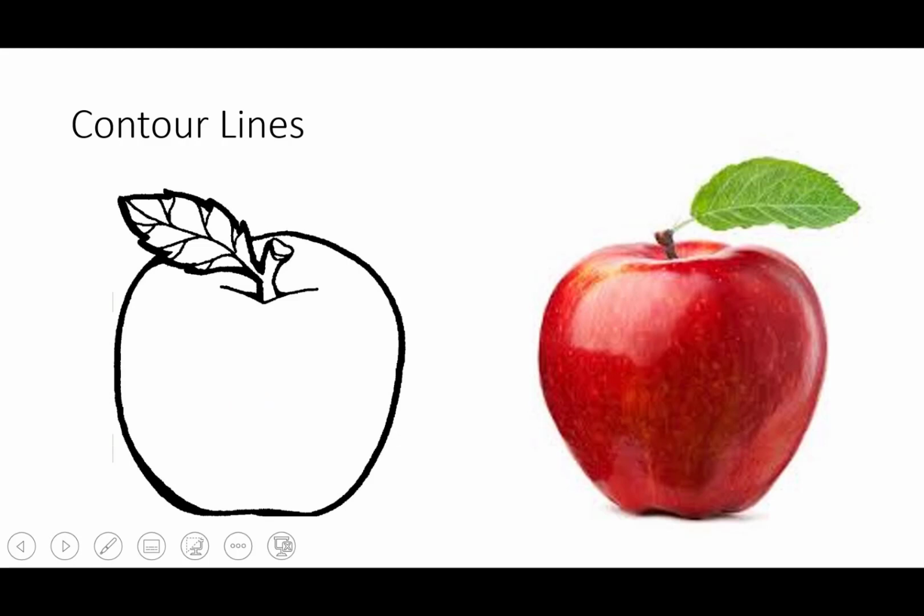Here's the example of the apple I was talking about, right? So here's your object, the apple, and here is the contour line. This is not continuous. Again, contour line does not have to be continuous. It doesn't have to be blind. Those are the other two types that it can be. So here they have the outline of the apple that you could draw, and then you stop and you break for the stem.